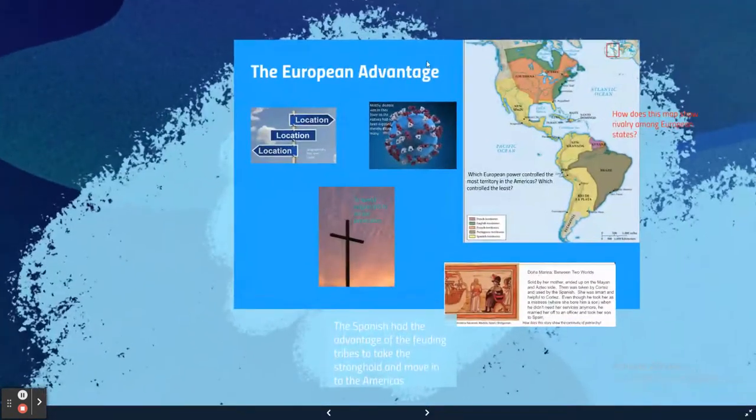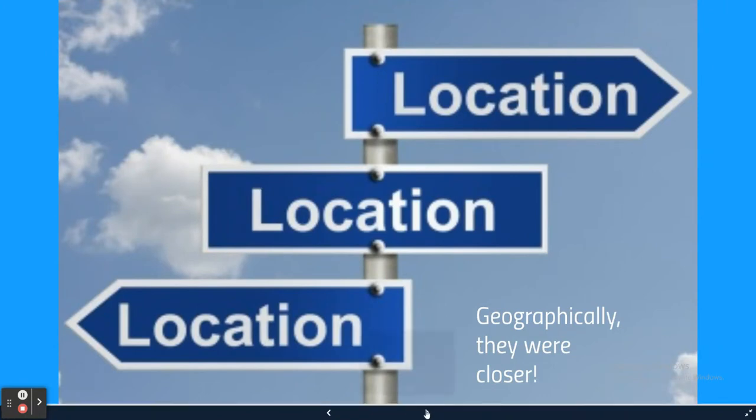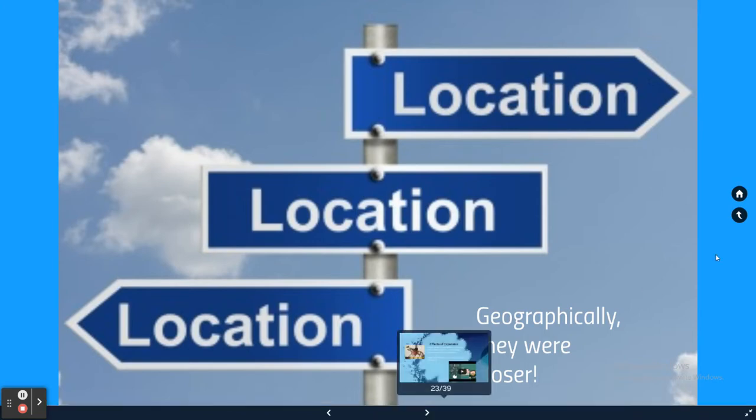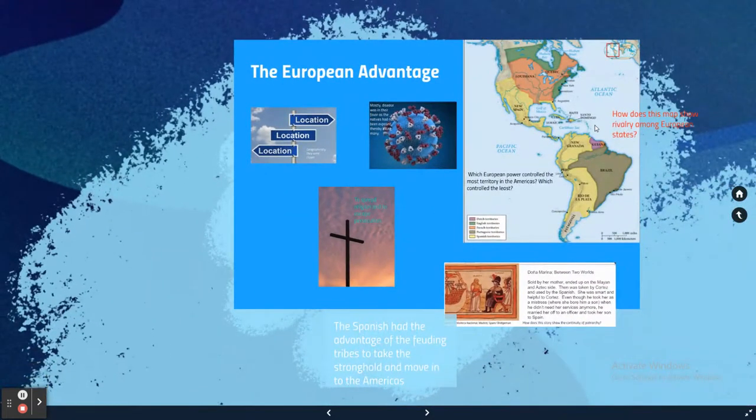So again, part of their advantage was location, location, location. Geographically, the reason that they ended up in the Americas first is because they were geographically closer. So here is Europe over here, kind of where they've got the little insert. Europe is over here, and then we're right here.